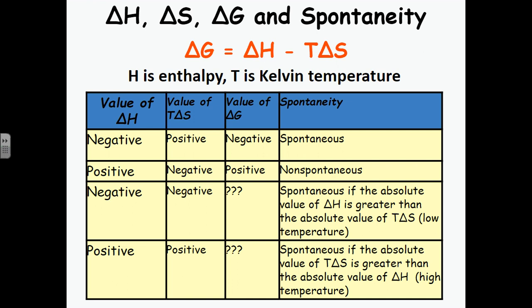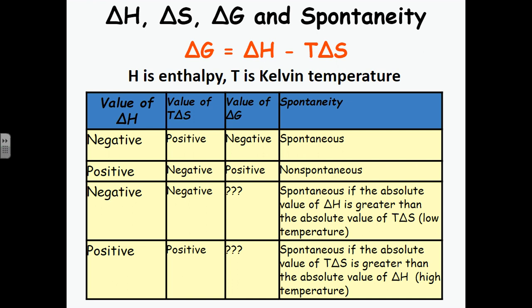Well, in order for that to yield a negative delta G, your T delta S must be basically lower than delta H. What it's saying is that it's spontaneous if the absolute value of delta H is greater than the absolute value of T delta S. So basically, at low temperature conditions, in an exothermic reaction, that can happen. This is a conditional scenario where it would be spontaneous.